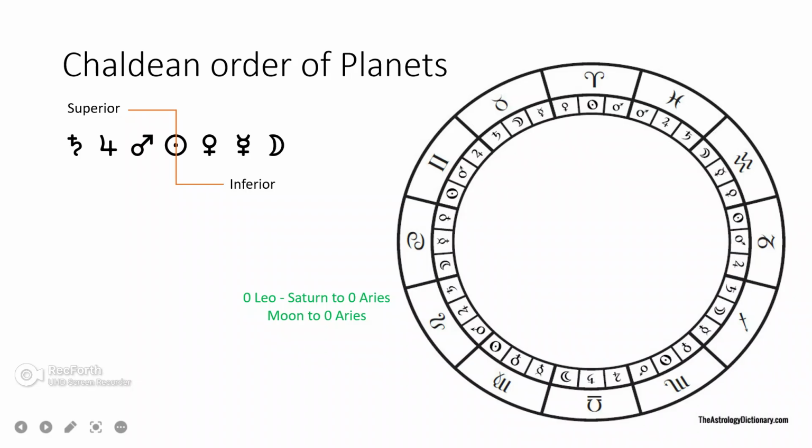In that schematic, we have the leftover days of the week without the luminaries, if you will. So you could have a Tuesday starting in Aries, a Wednesday in Taurus, a Thursday in Gemini, a Friday in Cancer, and a Saturday in Leo.